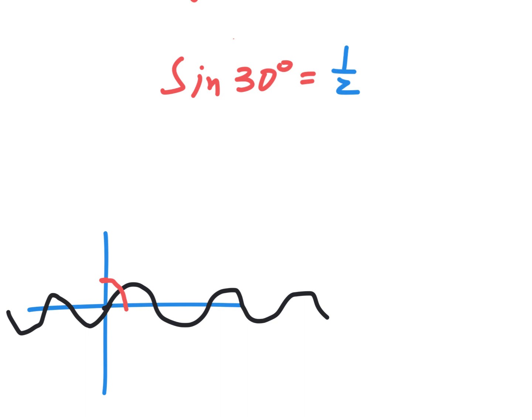That's where 2 pi is. So it goes like this, and then it just keeps on being exactly kind of like a counter to it, except it's just shifted a little bit.